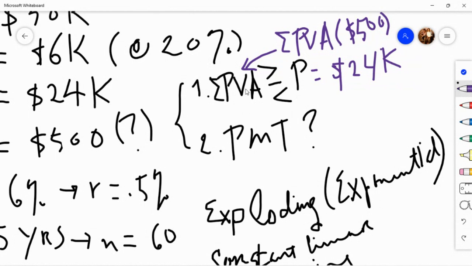These numbers must be equal, right? It must be equal.